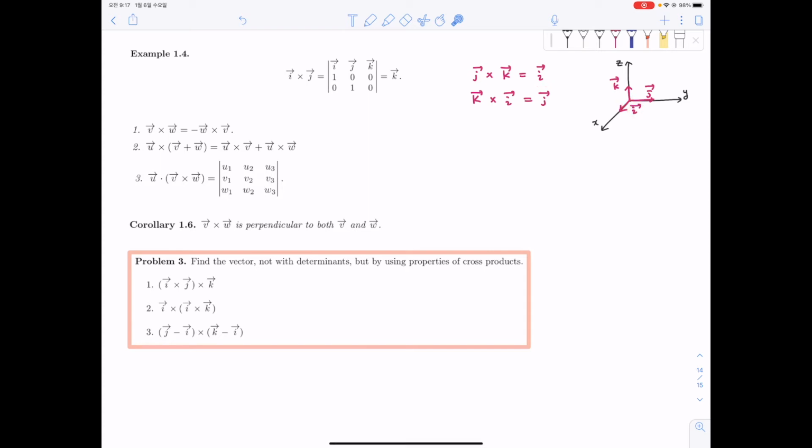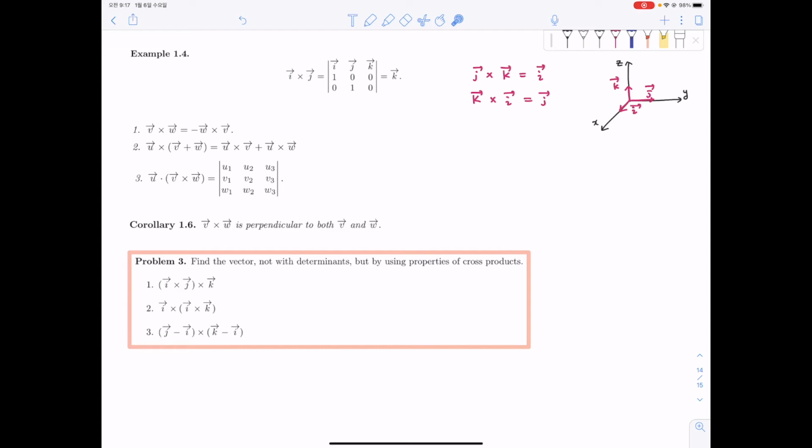Actually, by this corollary, we know that this cross product is perpendicular to both vectors. So if we calculate j cross k, the vector perpendicular to these two vectors is just i or minus i. So we only need to find the direction of this vector.